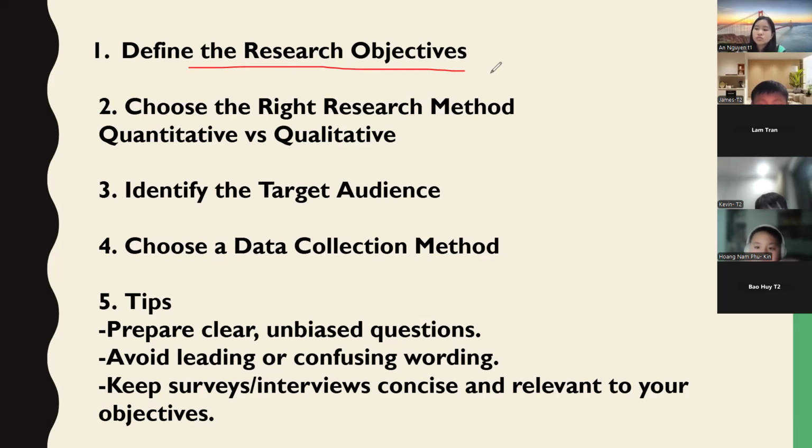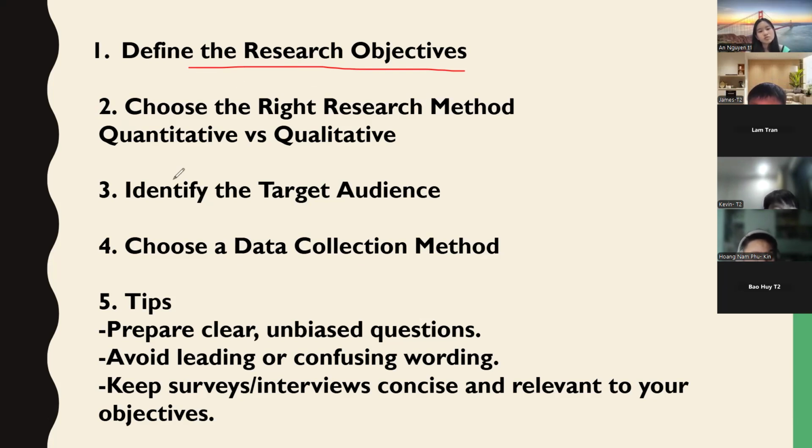For example, I'm going to ask a group of students from university. That's the who. And then you also have to ask what, let's say, their favorite cell phones. For the research objective, you need to define what you are going to find out by doing the survey or the observation, and also look at the subjects of your research. Who is going to answer those questions? Are they your customers or not?